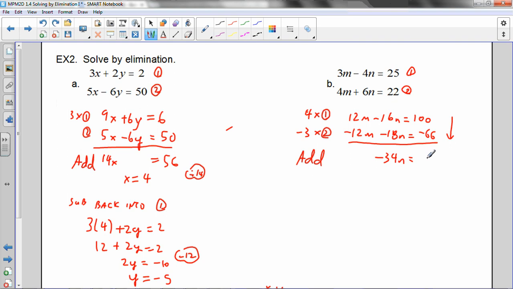Just a note as we're finishing this one off here, folks, this is 34n. Divide by negative 34. Sometimes our book, like our book for this one, would multiply the first one by 4 and the second one by 3, and then instead of adding, they subtract, which is fine. That's fine. But I always goof it up myself.